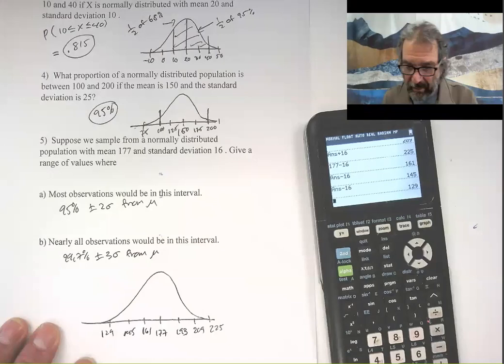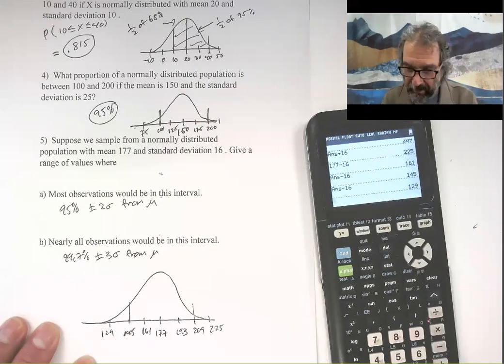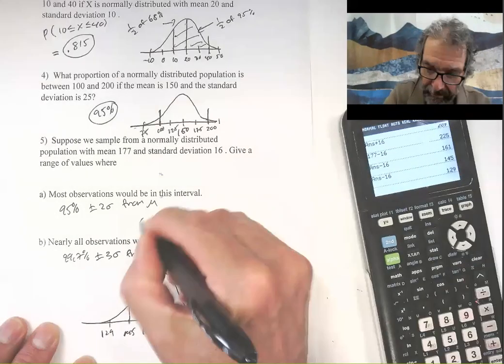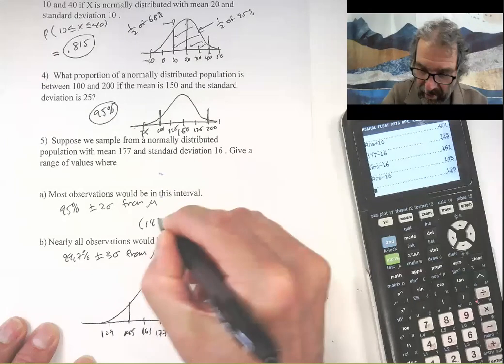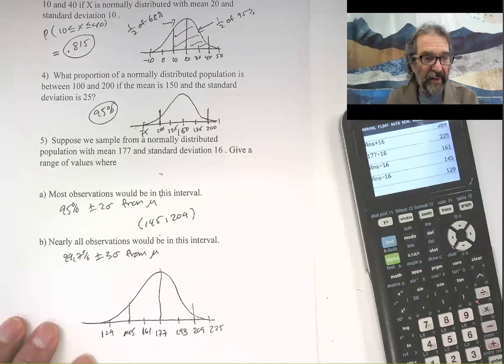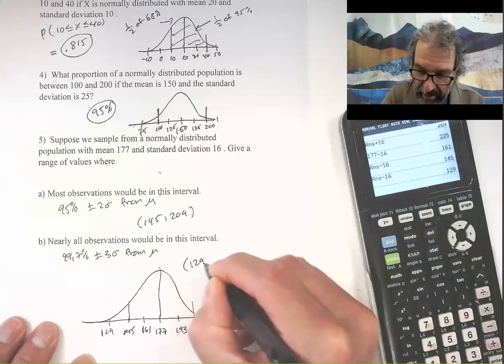So as here, plus or minus 2 takes you to here and to here. That's the mean. So 2 sigma is 145 to 209. That's the interval that contains most of the values. And here, nearly all of the values are in 129 up to 225.